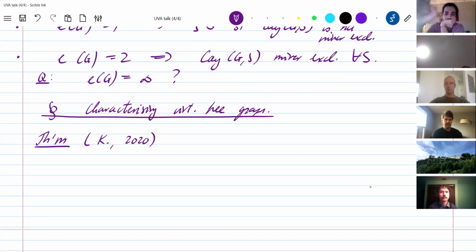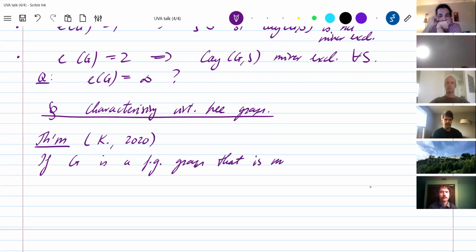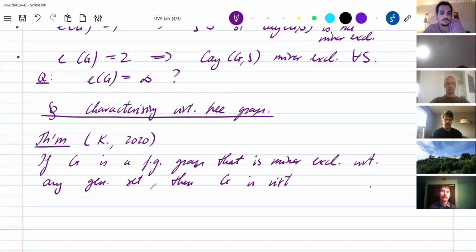So we can show that if G is a finitely generated group, this is minor excluded with respect to any generating set, and G is virtually free. Okay, and so putting that together with the result of Ostrovsky and Rosenthal, we get a characterization.